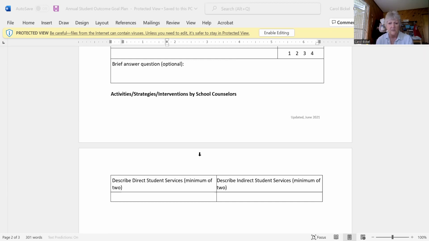Then indirect student services might be collaborating with their math teacher, with their parents, doing a parent support group, finding local mathematicians to come in, and maybe an engineer to come in and talk to the kids about math. So those would be the indirect services. It says a minimum of 2, but you see there's only 1 space there. You can always add spaces to that. Think like a counselor. So, and that's Sunday's assignment. That may take you a little more time.